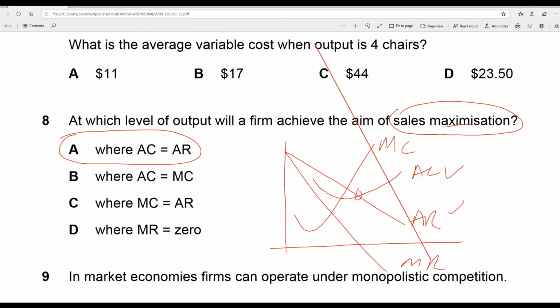So this is the point of sales volume maximization, point E. And sales revenue maximization is where marginal revenue is equal to 0. So if the examiner had asked about sales revenue maximization, then the correct answer must be D, that is marginal revenue is equal to 0. But since it is talking about sales volume, we will choose option A, that is average cost is equal to average revenue.